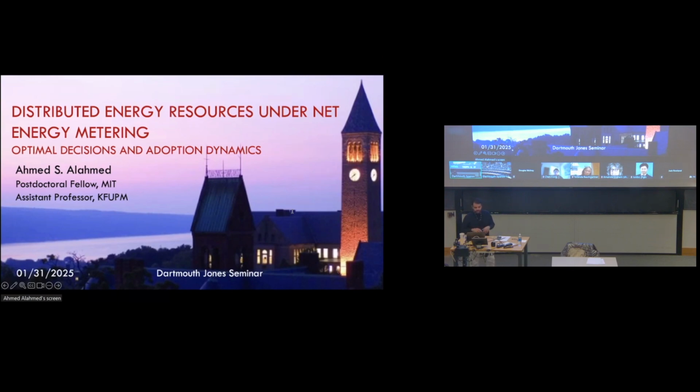Net energy metering is the most widely adopted policy to incorporate distributed energy resources into the electricity distribution network. So my focus today is on the optimal decisions of households under net energy metering, and the adoption dynamics of distributed energy resources also under net energy metering.